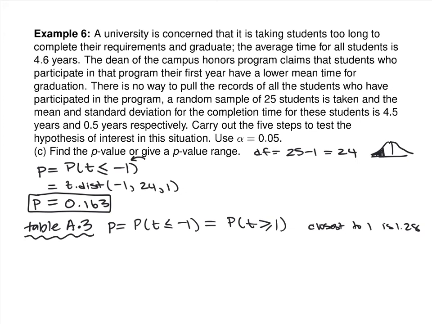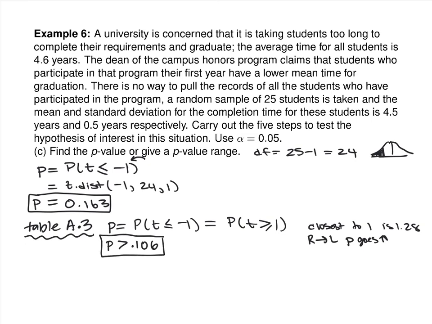And notice that as you go from right to left, p goes up, right? If you look at the 1.65, that corresponds to a p-value of 0.056, 0.073, 0.106. So if your value is even more to the left, your p-value will be bigger than 0.106.